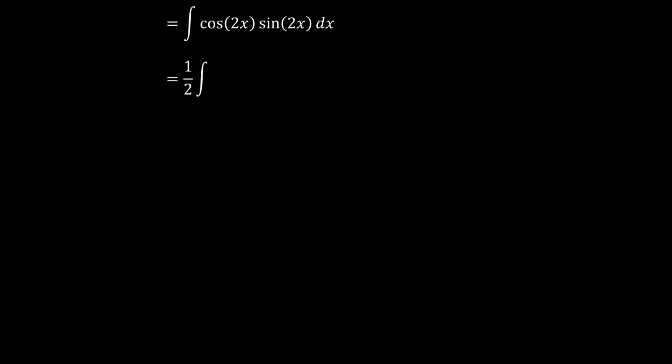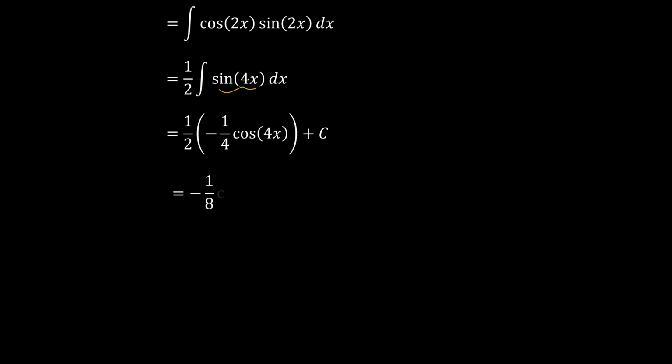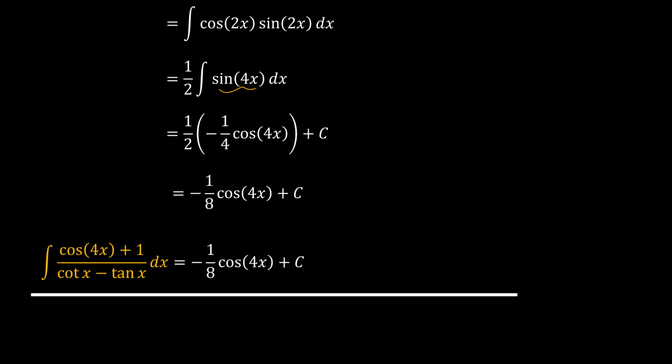So our integral becomes that: we have a half, and when you integrate sine 4x, we have negative 1 over 4 cosine 4x. So the answer becomes negative 1 over 8 cosine 4x plus the integration constant. And that was the answer that was required.